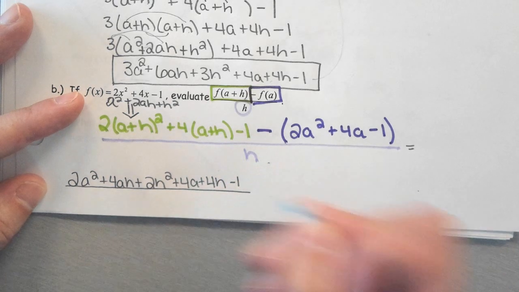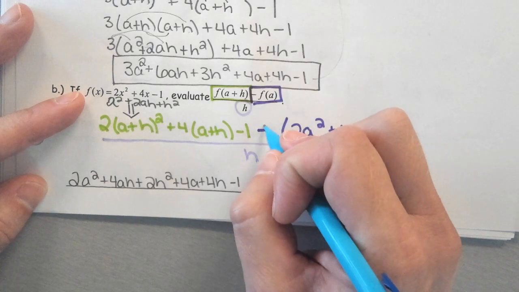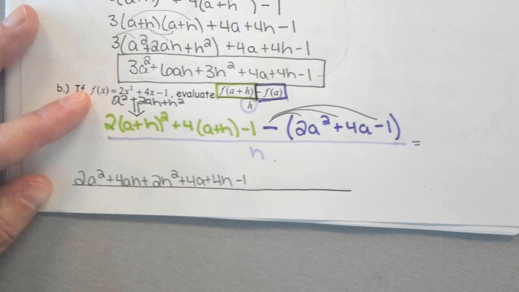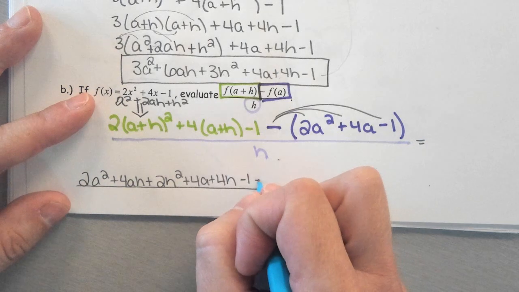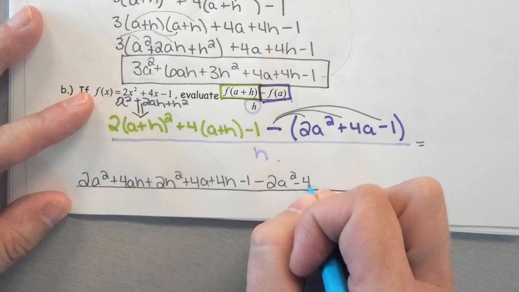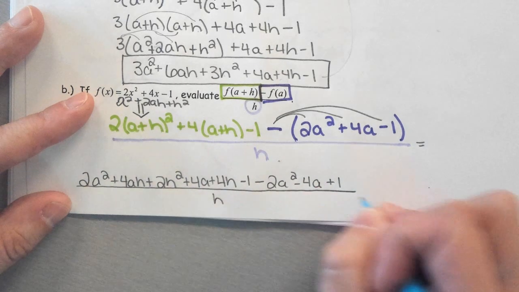There's that 1 that's kind of easy to forget about because there's not much going on there. Let's distribute our negative. It goes to every term in this parenthesis. So minus 2a squared minus 4a plus 1 all over h.